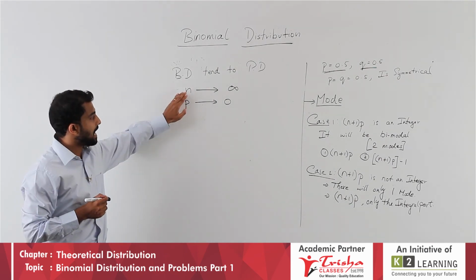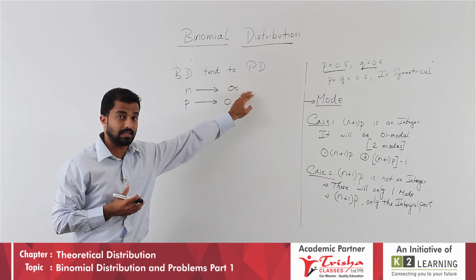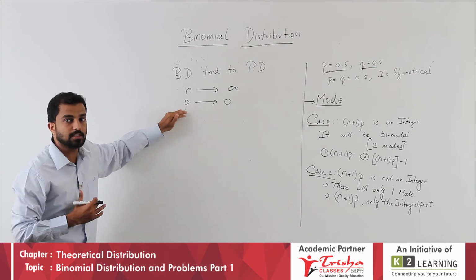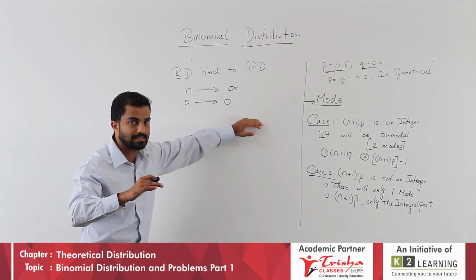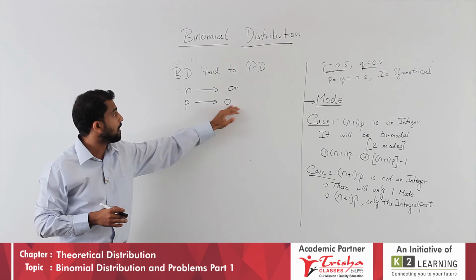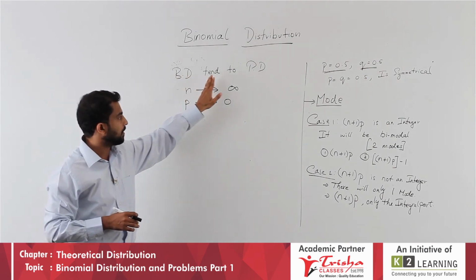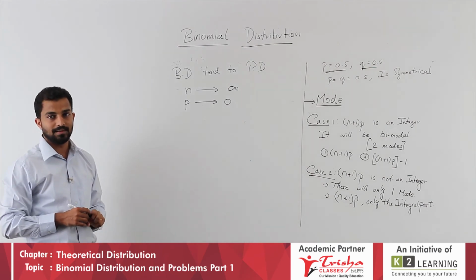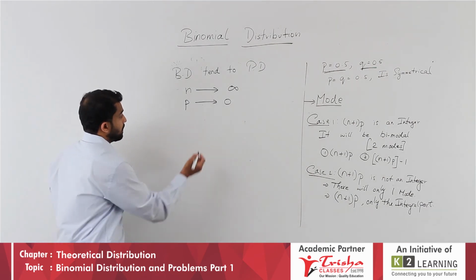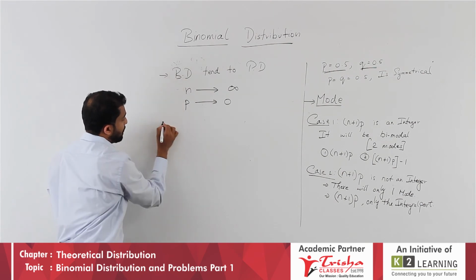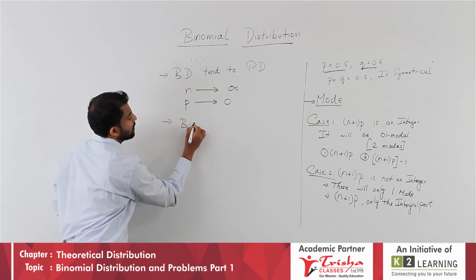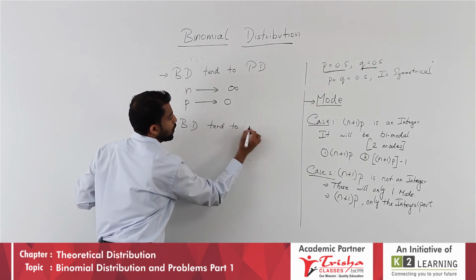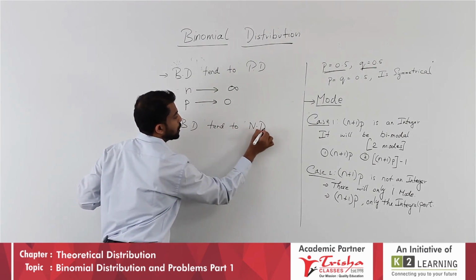So, whenever n goes bigger and bigger, that is tends towards infinity, and the chance of success keeps going towards 0, binomial distribution tends to Poisson distribution.